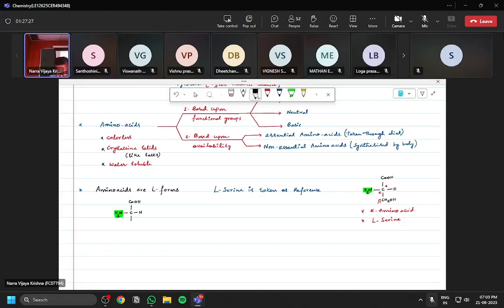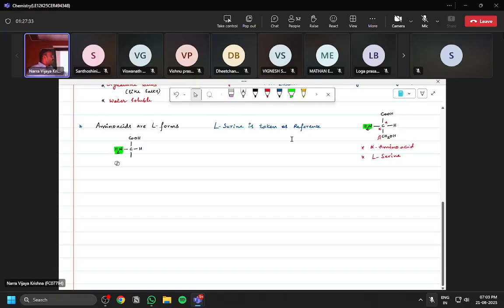If the next chain has a CH2OH group, then it is serine. If this is H, then it is glycine, right? So we are mentioning this as R. Now we are talking only about this R group.